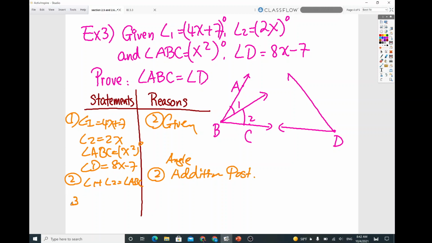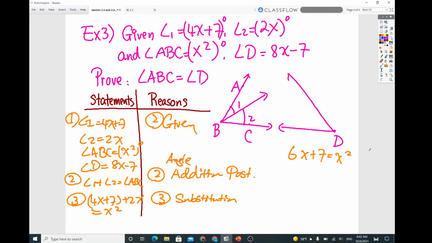After that, plug in the expressions for angle 1 and angle 2: 4x plus 7 plus 2x equals x squared. This is the substitution property of equality. Then try to solve for x. 4x plus 2x is 6x, so 6x plus 7 equals x squared.